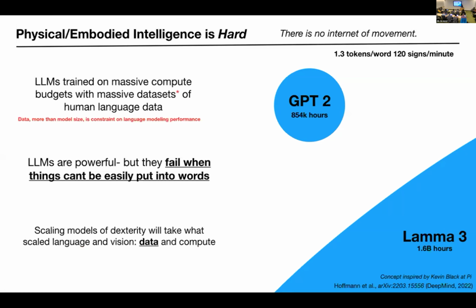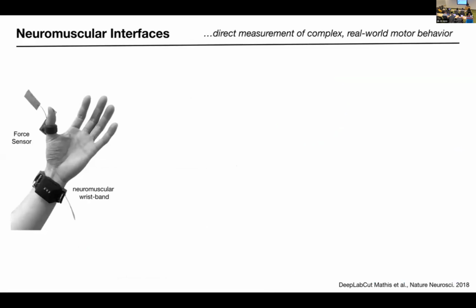So how do we do this? This is what I'm trying to do. We're taking a very strange approach where we're building neuromuscular interfaces. These are systems you can wear on your wrist that capture signals going from your brain to move the muscles of your hand. In those signals are projected all of the movements and forces that your hands produce.